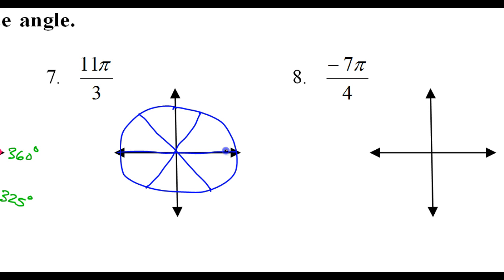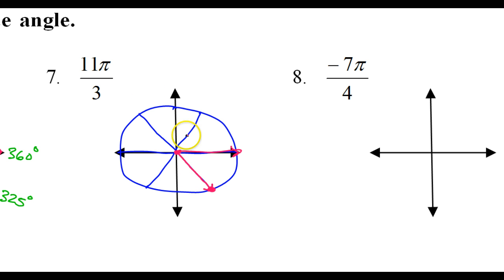So I will look at that as I'm finding my way around. Okay, so starting from the positive x-axis, because I'm doing standard position, what I have here is 1 pi over 3, 2 pi over 3, 3 pi over 3, 4 pi over 3, 5 pi over 3, 6 pi over 3, 7, 8, 9, 10, 11. Kabam! 11 pi over 3 is right here.